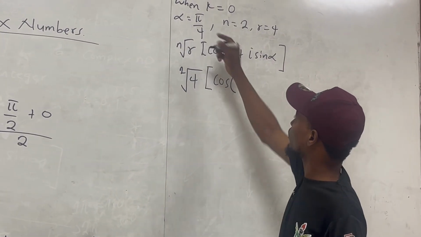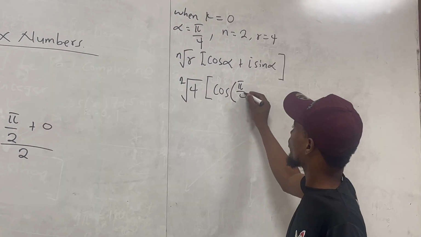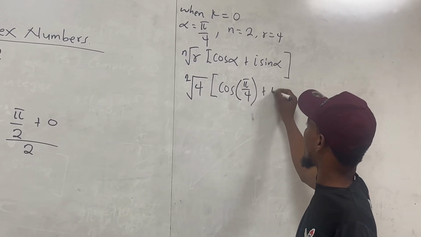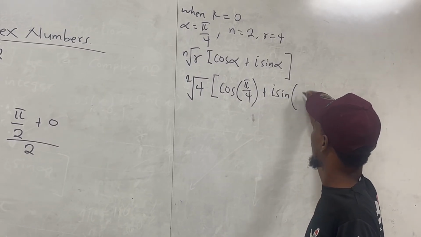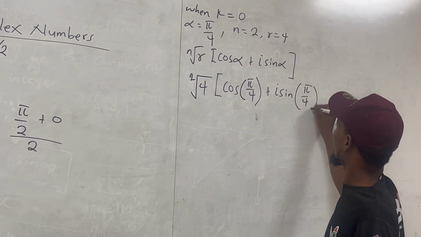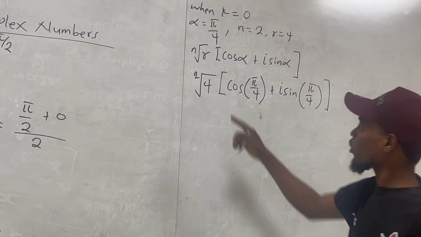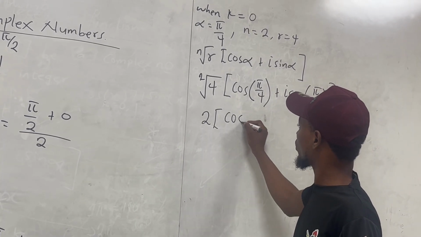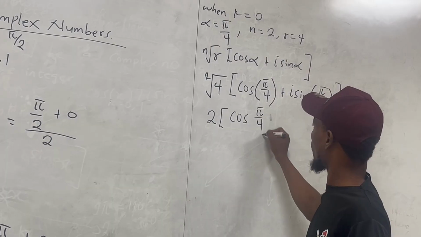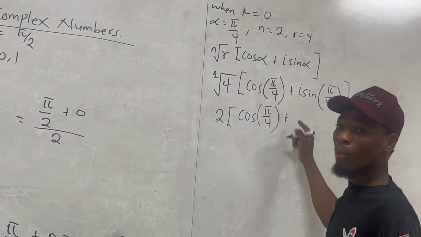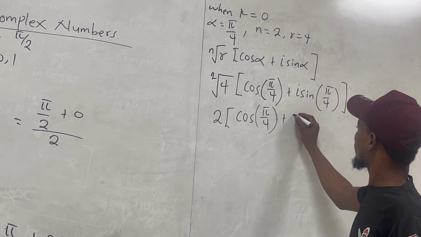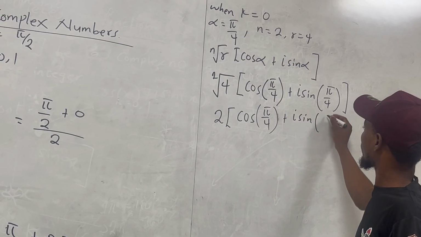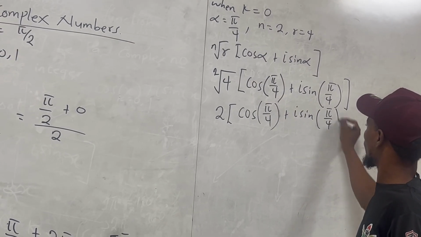Then times cos pi on 4, plus i sine pi on 4. When I compute this, I get 2 multiplies cos pi on 4, then i sine pi on 4. Please, we are working in radians.